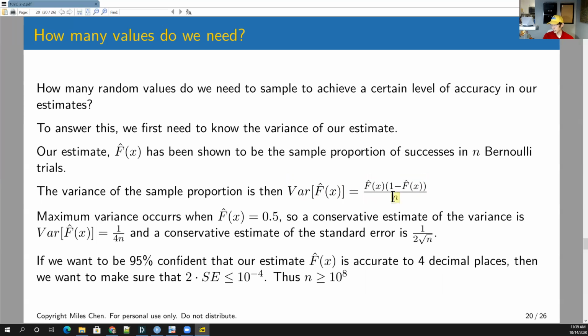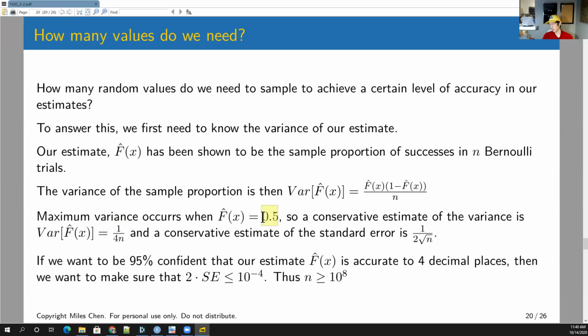And so the variance of f hat is going to be basically f hat times 1 minus f hat over n. Okay. And when you're talking about sample proportions, maximum variance occurs when that proportion is 0.5. And so if we're taking a conservative estimate of the variance, overestimating its size, the variance can be estimated to be 1 over 4n, okay?